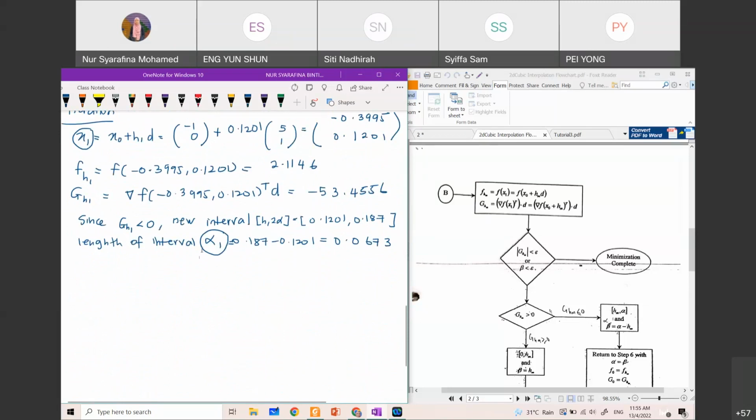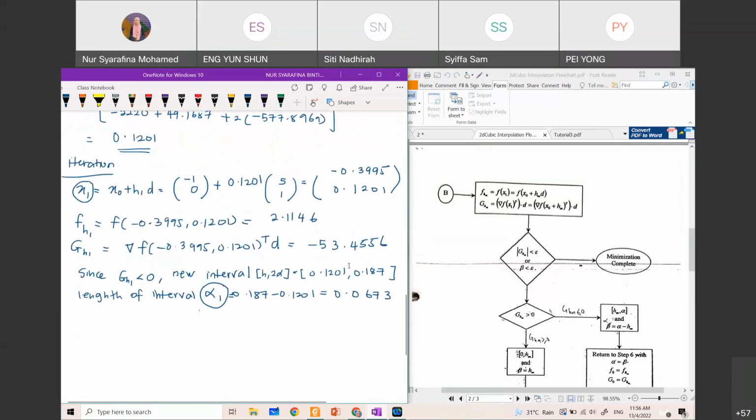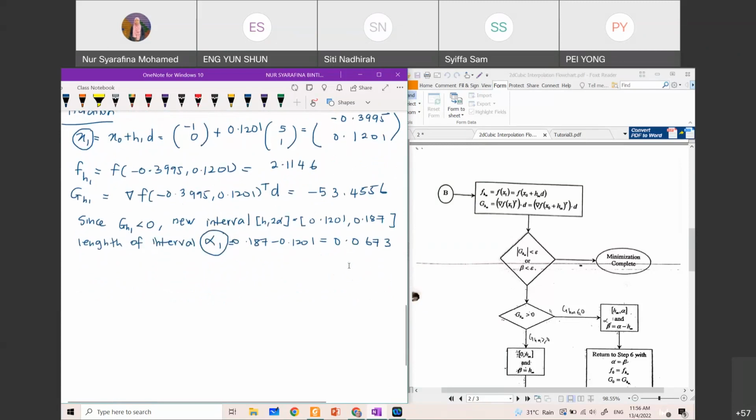Then the length of interval is the difference between the interval there. So this is your new alpha. Then just find what is your Z1, W1. Now it is H2.